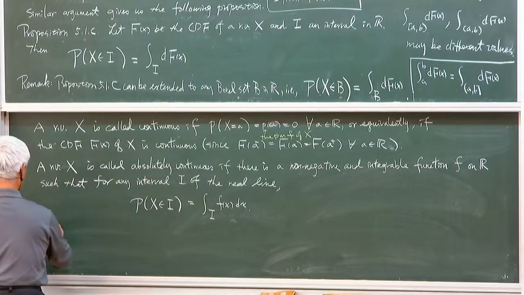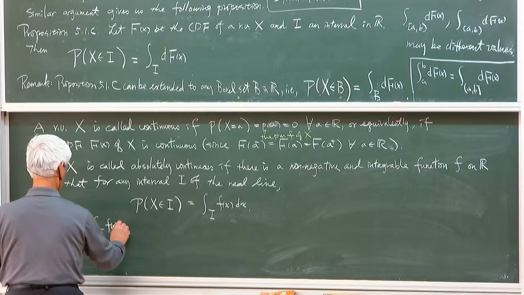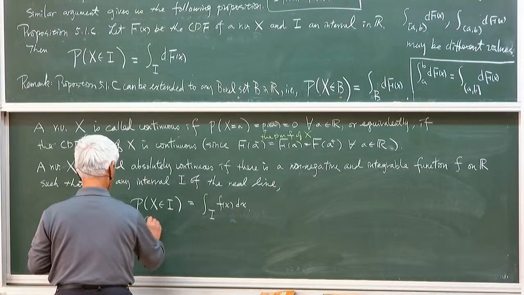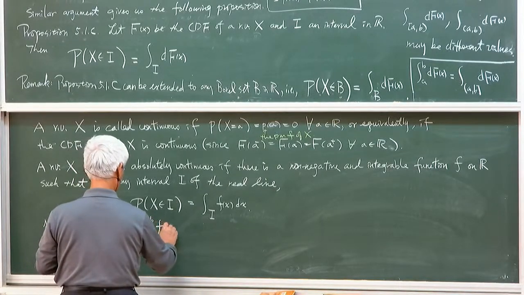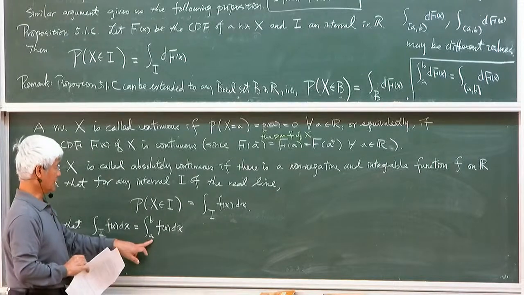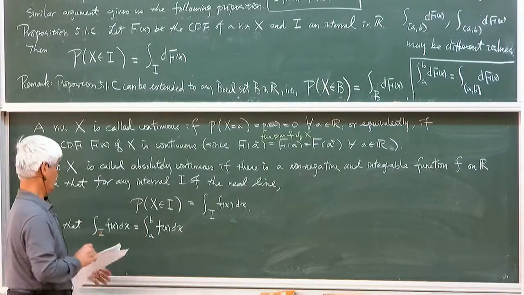And then note that it is equal to the conventional Riemann integral with lower limit a, upper limit b. This is conventional notation. Okay.